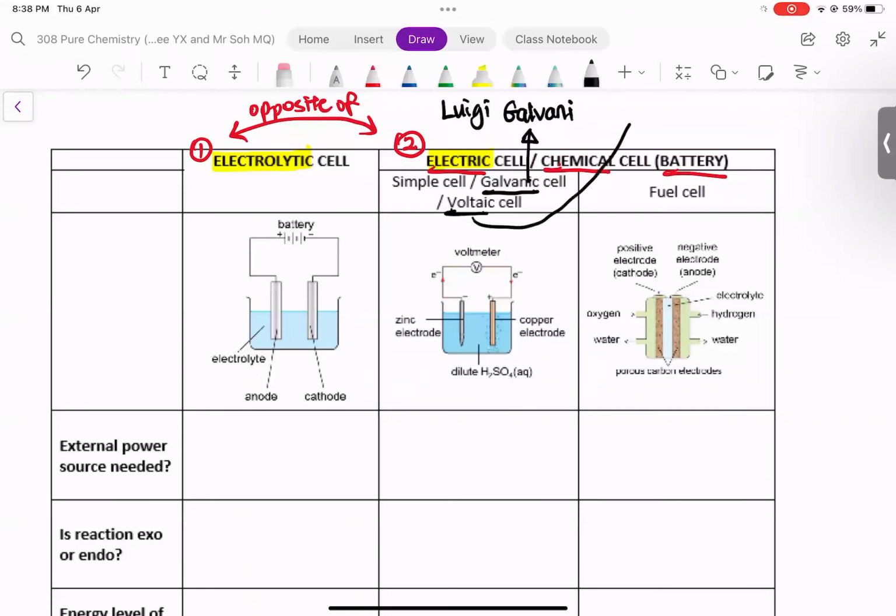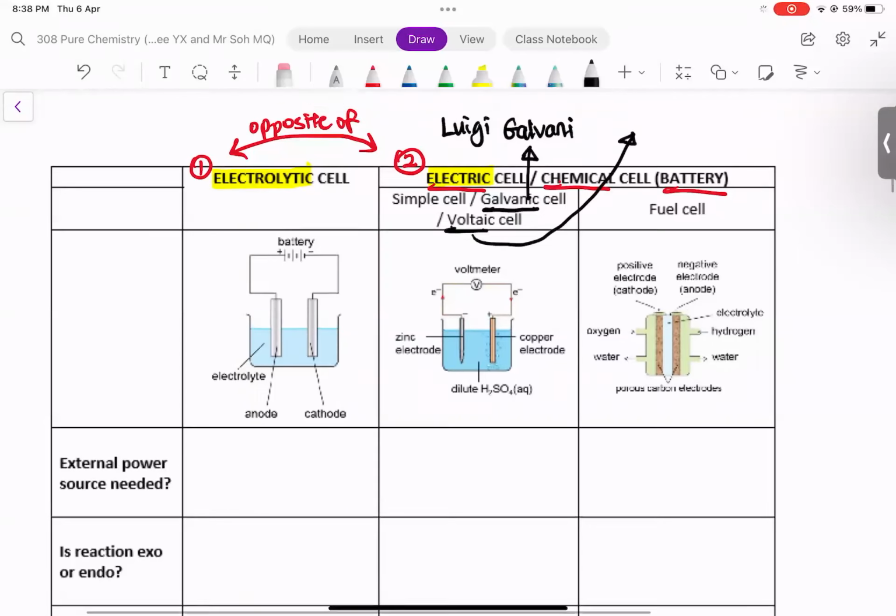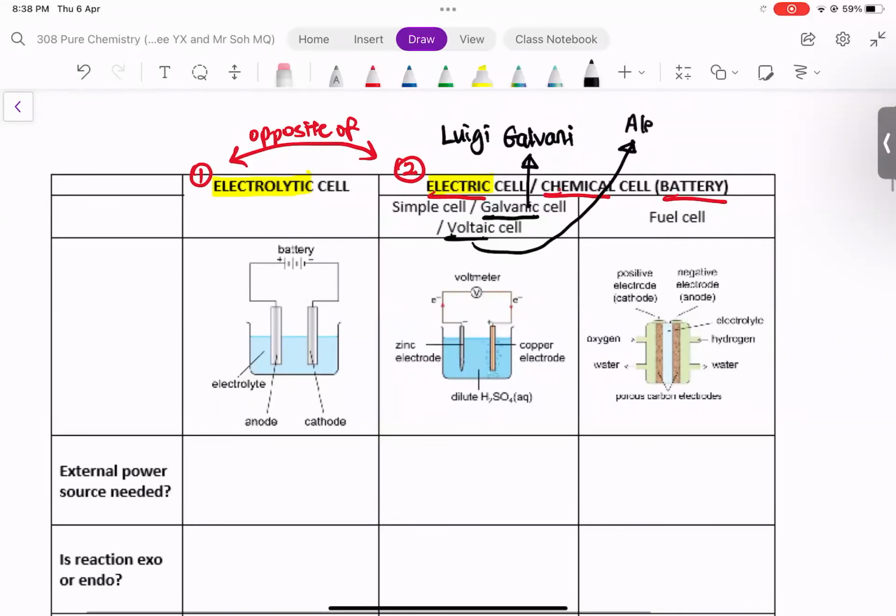The voltaic cell is also named after another scientist called Alessandro Volta. This is also the scientist that the unit volt is named after. So Alessandro Volta, like Luigi Galvani, is Italian. He's also one of the pioneers of electricity.